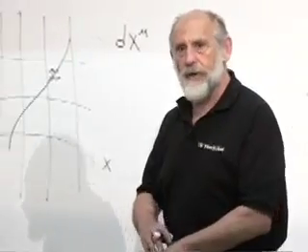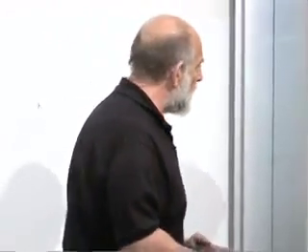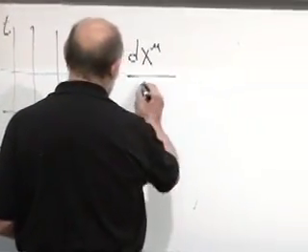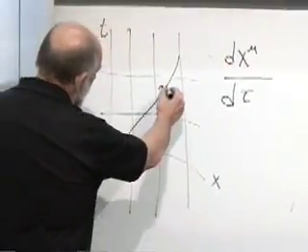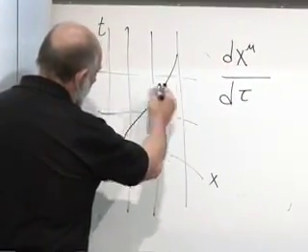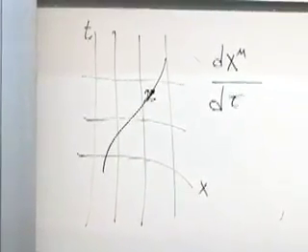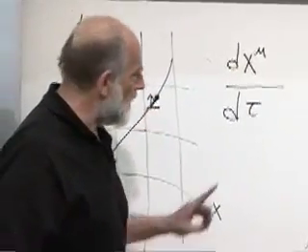How much have I moved in z in a given amount of proper time? Now, proper time is invariant. It doesn't change from coordinate frame to coordinate frame. So if we divide dx mu by d tau, where d tau is the proper time from here to here, that is a 4-vector which will transform the same way as x does.